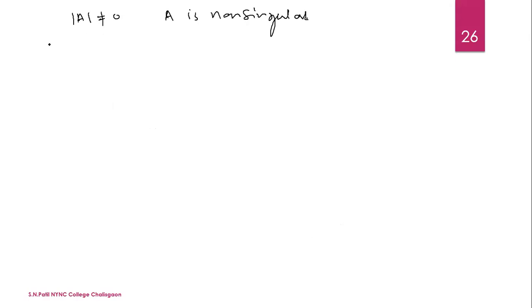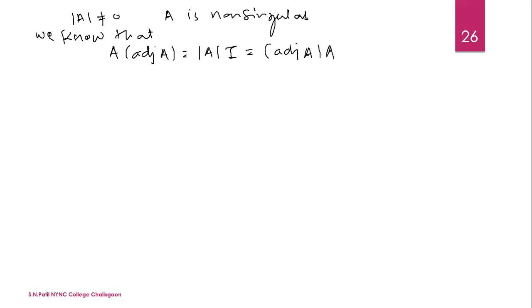And we know the theorem on adjoint of matrix: A into adjoint of A is equal to determinant of A into identity matrix, is equal to adjoint of A into A. So here we assume A is non-singular matrix, and we prove A inverse exists. That is, we prove A is invertible. For that, we show A inverse exists.